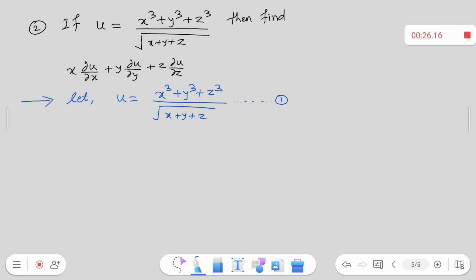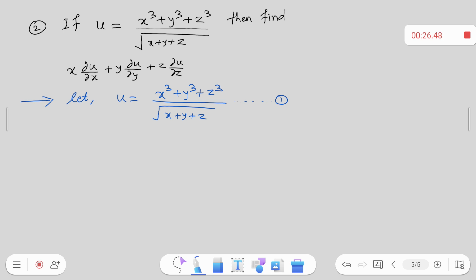Whenever we have to find separate partial derivatives, we use the definition. Now here first order derivatives with a sum is asked, x ux plus y uy plus z uz. So instead of finding derivatives separately, we have to use Euler's theorem. It is a function of three independent variables x y z. Statement number 3 and statement number 4.